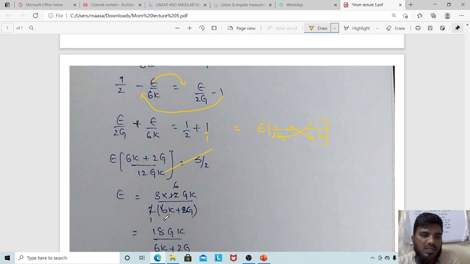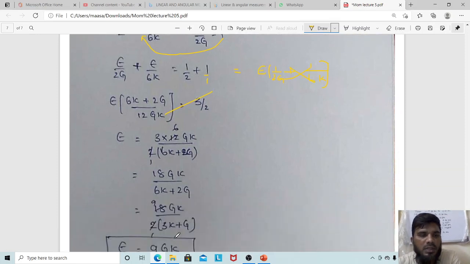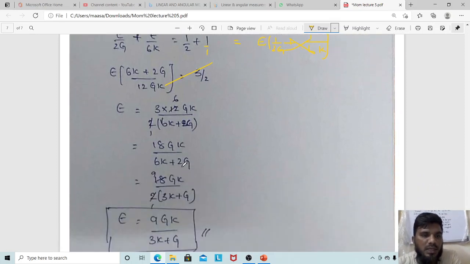Now here it is 3 sixes are 18gk divided by 6k plus 2g. In the denominator, 2 is common, so I take 2 out: 3k plus g. This 2 and 18 get cancelled: 2 ones are 2, 2 nines are 18. So gk by 3k plus g.